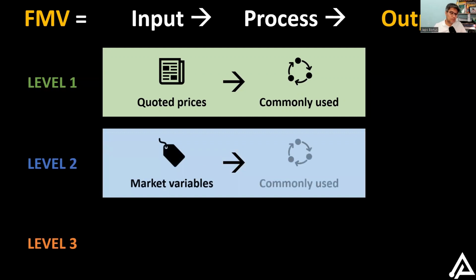Level 2, pwedeng observable yung input mo, pero hindi siya directly quoted prices. It could be market variables that could be recalculated or reinterpreted to be used in valuation. An example niyan, interest rates.